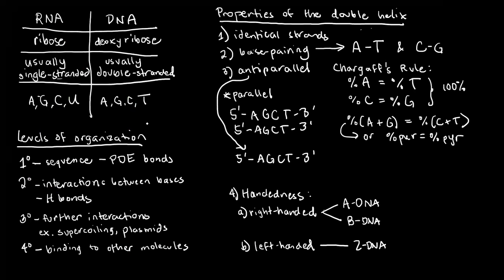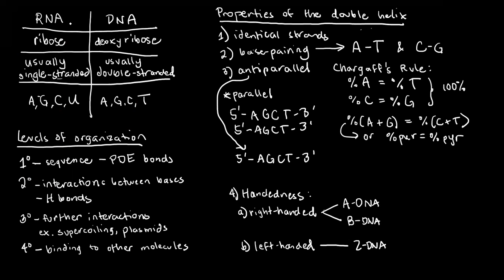And I believe I have already discussed the difference of these two sugars in the first recording I had on nucleotides. Now, normally RNA is single-stranded, and when I use the word usually, that is, of course, with due respect to some RNA strands that are double-stranded.